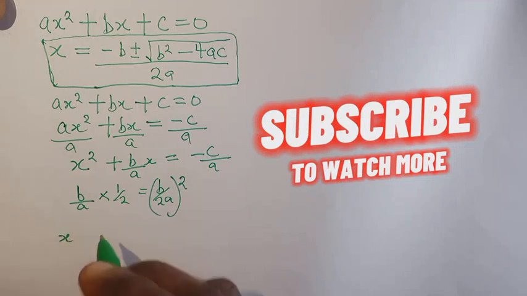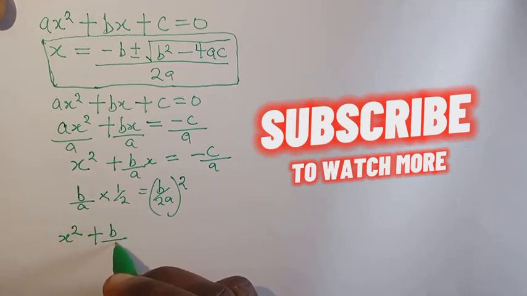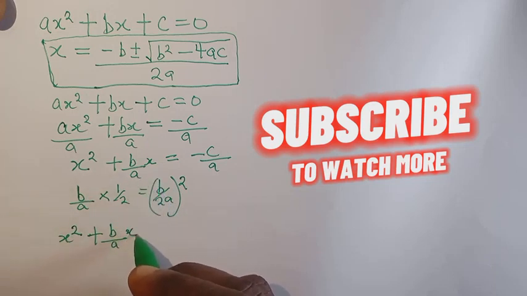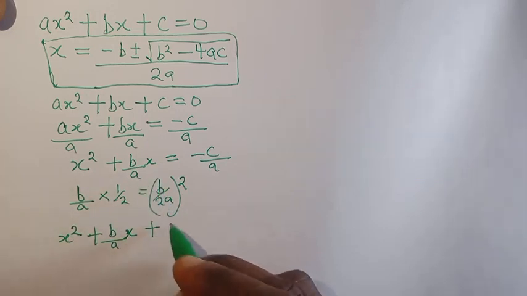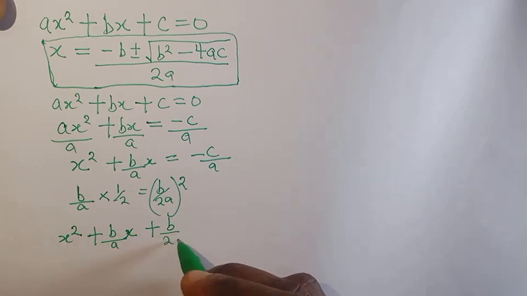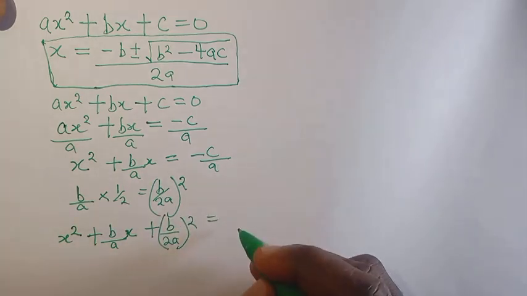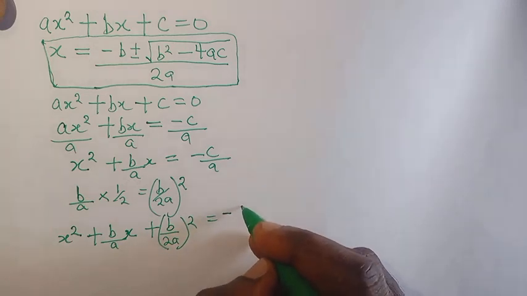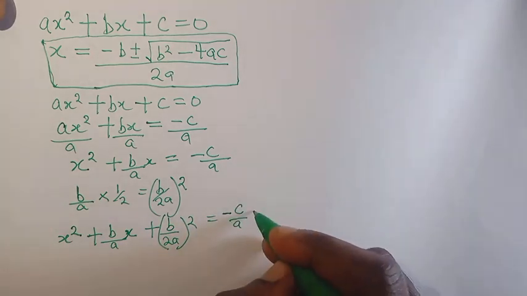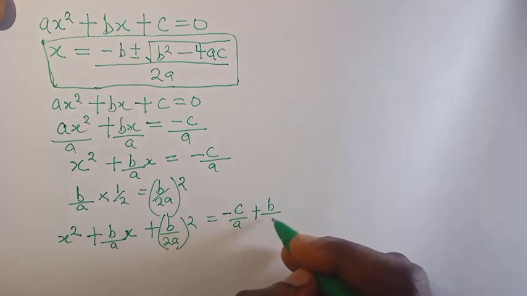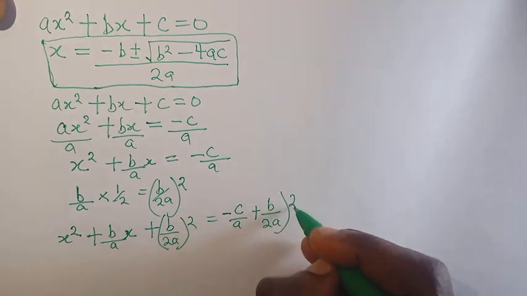So it's going to give us x squared plus b over a x plus (b over 2a) squared, which is equal to minus c over a plus (b over 2a) squared.